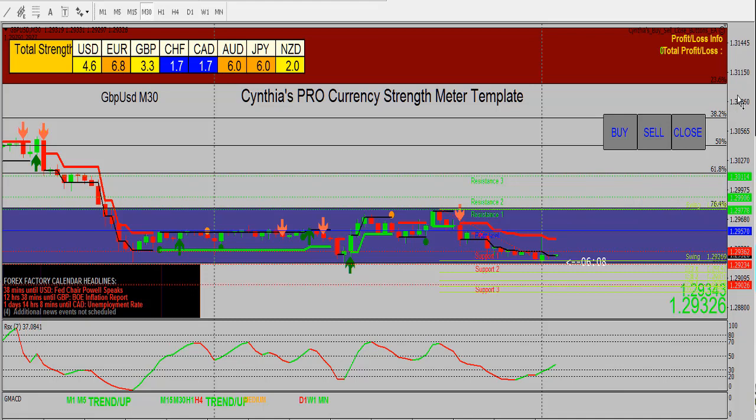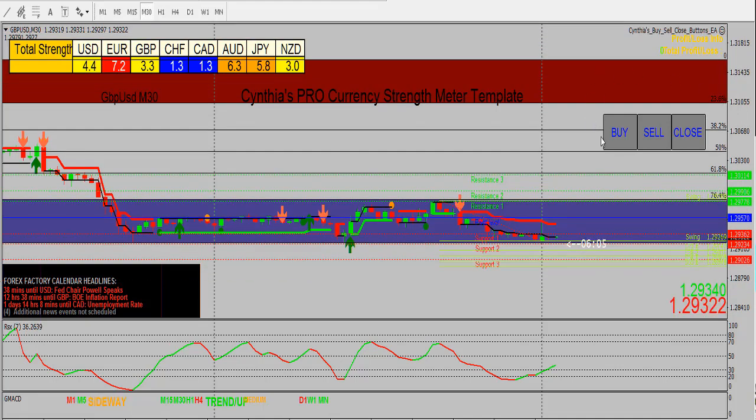And last but not least is my new buy, sell, and close button, which is a one-click trade placement button. And with one click, if you click buy, your trade will be placed with your stop loss and take profit lines directly on your chart, and they get placed with your broker.